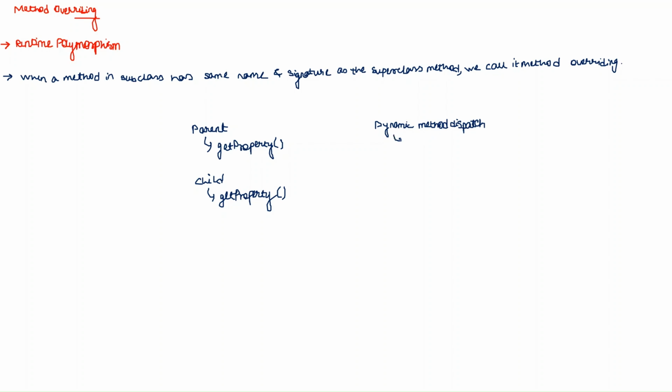So if I were to write this definition of what I said: it is a mechanism which determines what version of an overridden method to invoke at runtime rather than compile time.